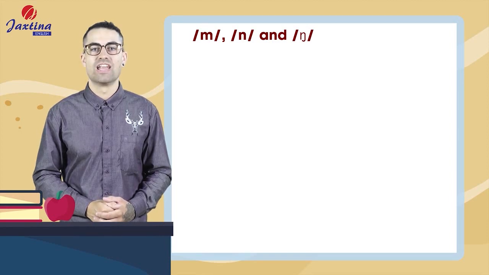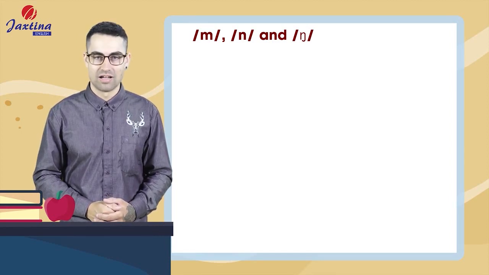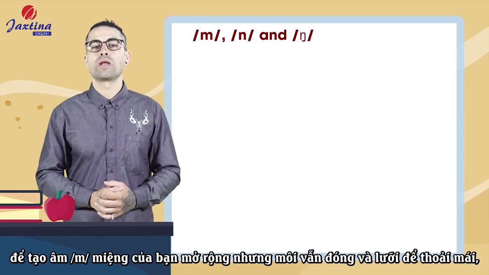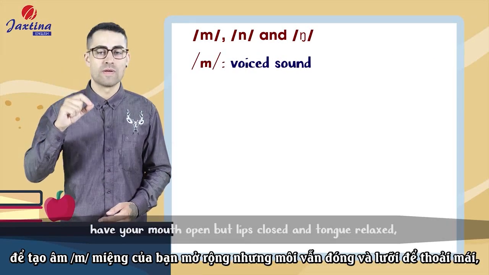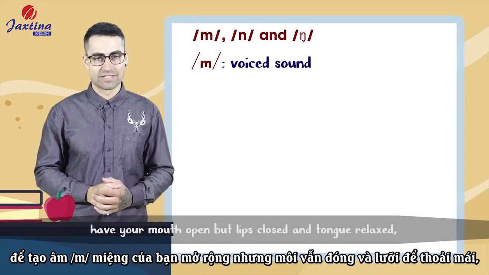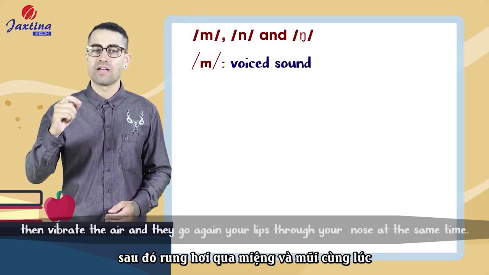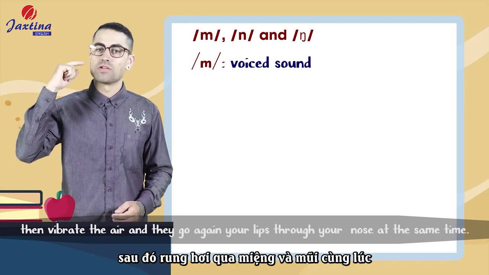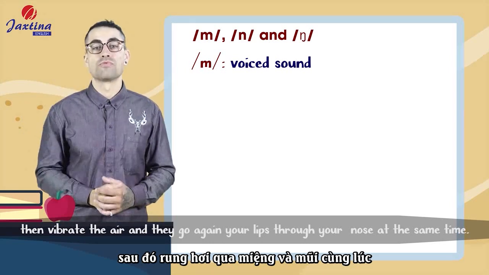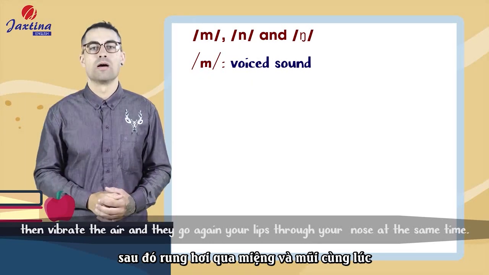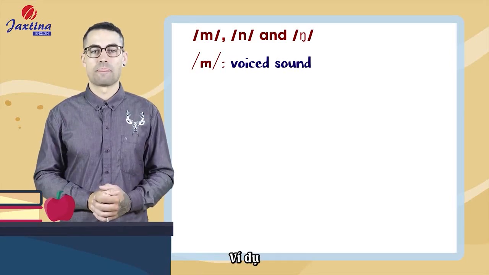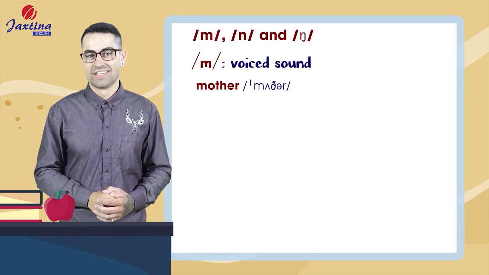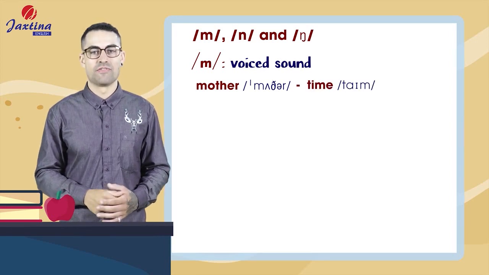So to make the first one, m, have your mouth open but your lips closed, and then your tongue relaxed, and vibrate the air as it goes against your lips and through your nose at the same time. Some examples: mother, time, farm.